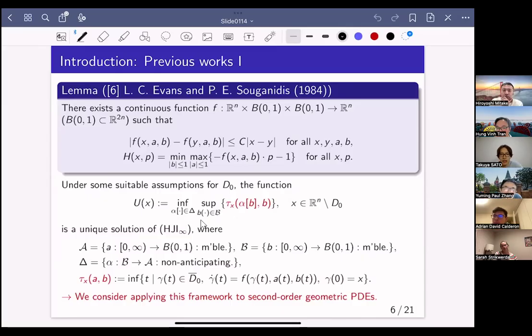Here, tau of x is the arrival time of the differential game, which means that for a given domain D0, we are considering the equation on this domain.